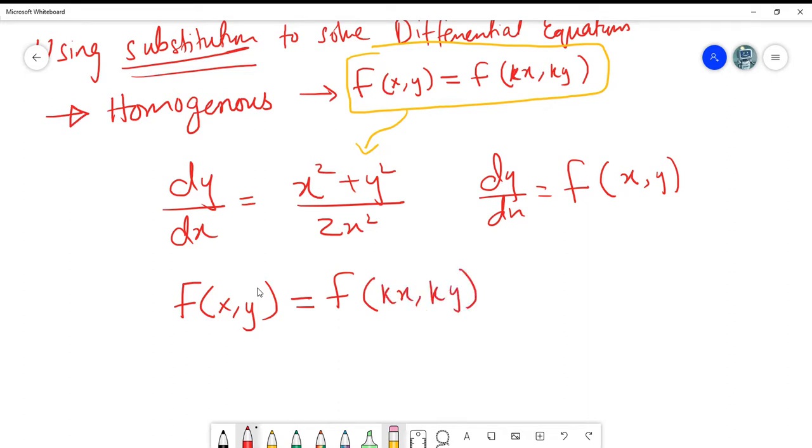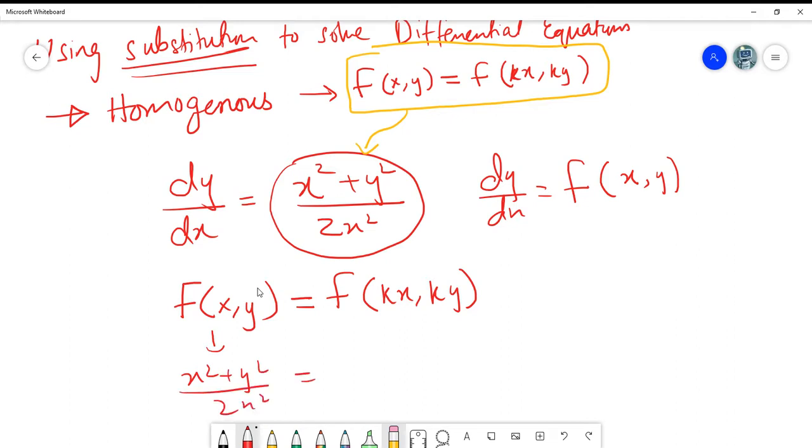So I'll just write the function here, which is x squared plus y squared over 2x squared equals. Now what I'll do here is, instead of x squared, I will write kx squared plus, instead of y squared, I'll write ky squared.